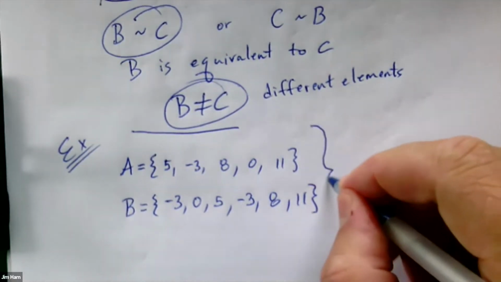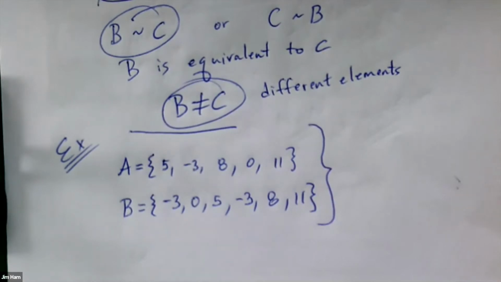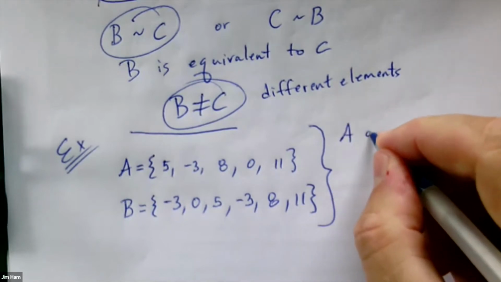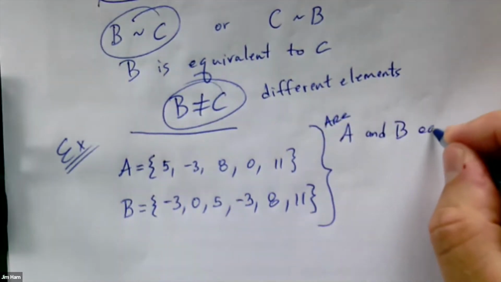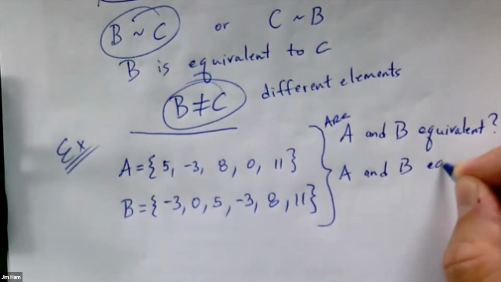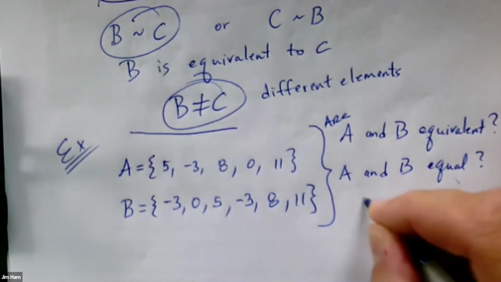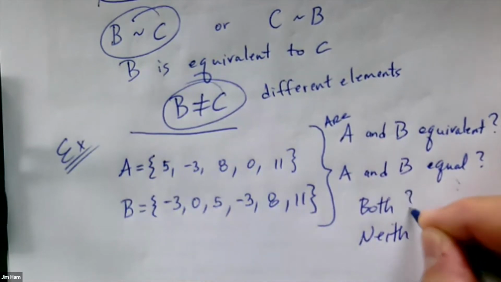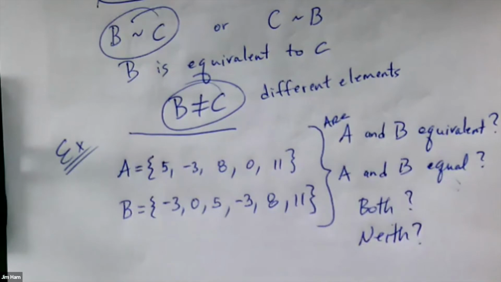And generally in a problem like this, you're going to be given two sets, and you're going to be asked: are A and B equivalent? Are A and B equal? Are they both, or are they neither? And there's 4 different options that you can choose from.